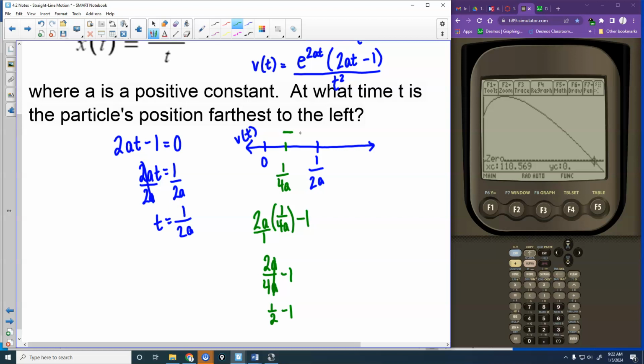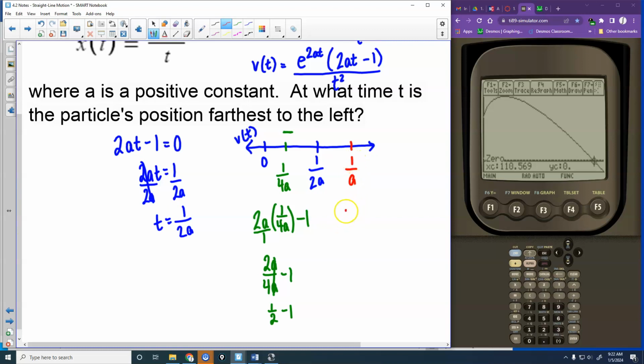Okay? What is something that would definitely be bigger than 1 over 2a? 1 over a. You want to be careful with doing just a, because if it is a whole number, a is bigger than 1 over 2a, but a could be a fraction, in which case a is not bigger than 1 over 2a. So 1 over a is the best thing to use here.